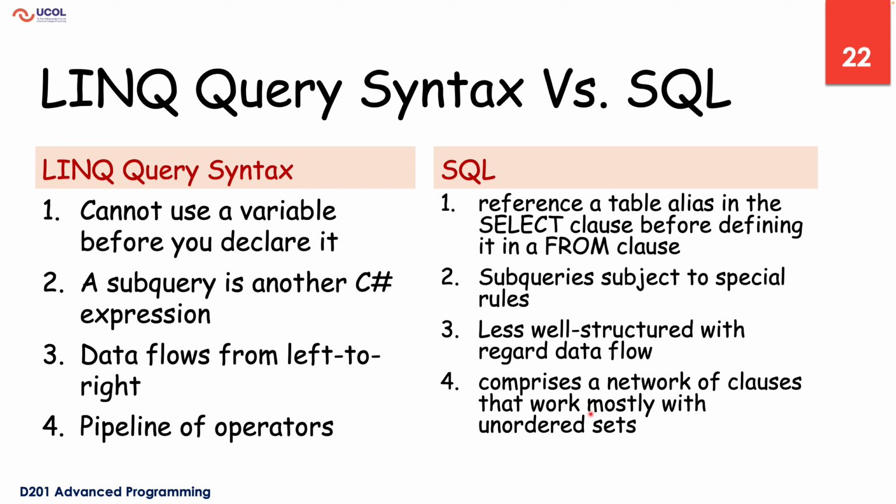It comprises a network of clauses that work mostly with unordered sets. The way we apply different clauses in SQL is not very well ordered, so they are applied in a different way, and understanding how they are applied becomes a bit tricky when you talk about the SQL language.